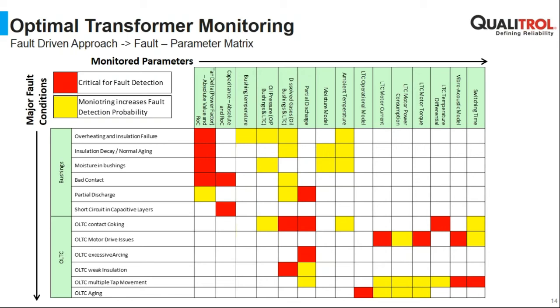The situation is a bit better with the vacuum type tap changer. Because the switching happens in a vacuum chamber, the oil is not so much contaminated, and you can assume it's more or less the same as the main tank. But what is more interesting in the parameters of the OLTC is the whole mechanical part, because what's going to go bad is the mechanical part.